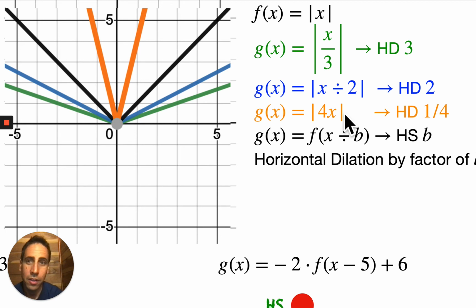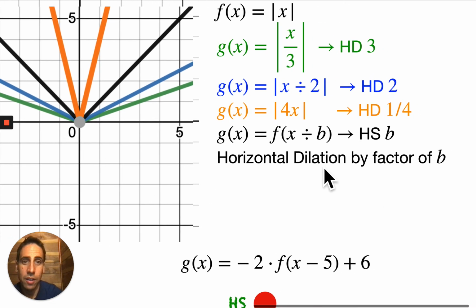That'll be a horizontal dilation of 1/4, meaning if the x value here is 1, the x value over here at the same y value is 1/4. If the x value is 4, the x value over here is 1. Everything gets compressed like that. All the x values are 1/4 of what they were, and so therefore they are closer to the y-axis.